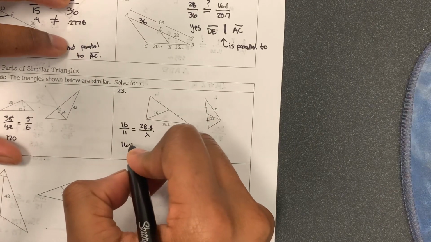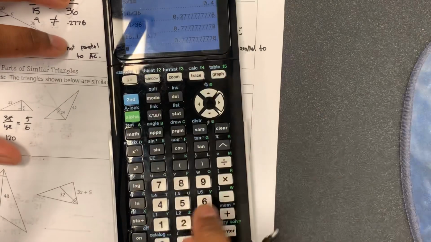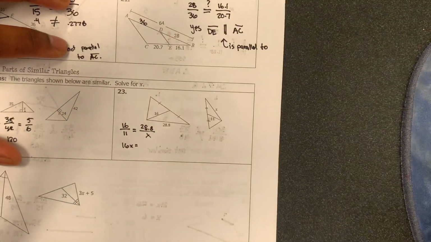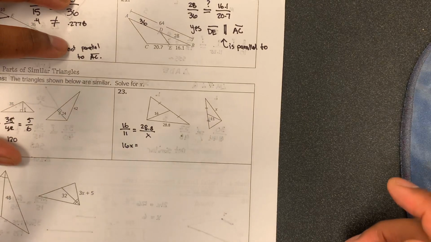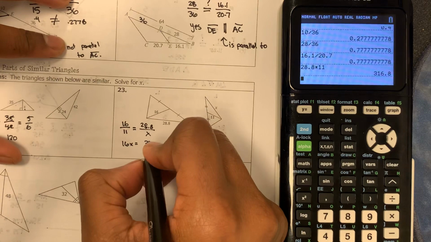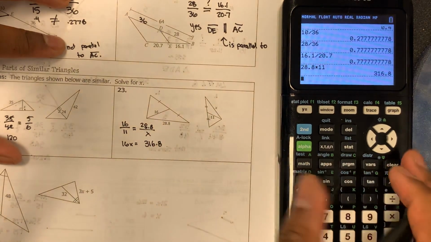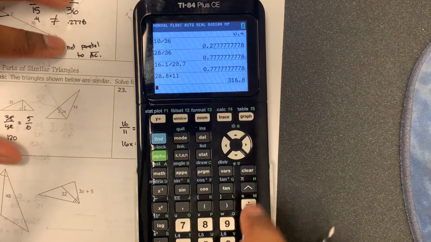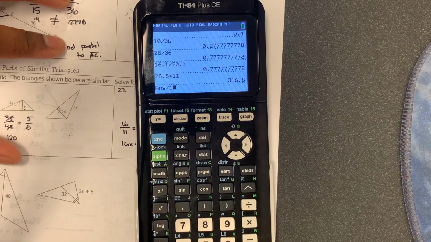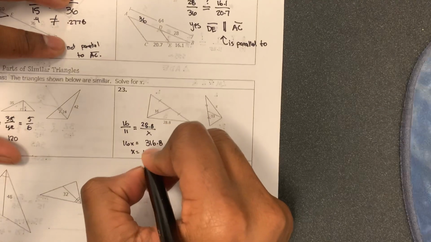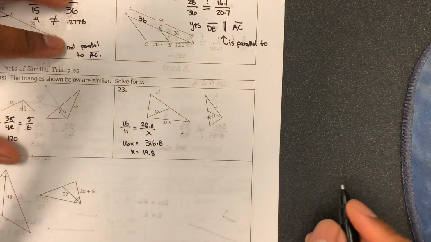We get 16x equals 28.8 times 11, which is 316.8. And so x is going to equal 316.8 divided by 16. So x equals 19.8.